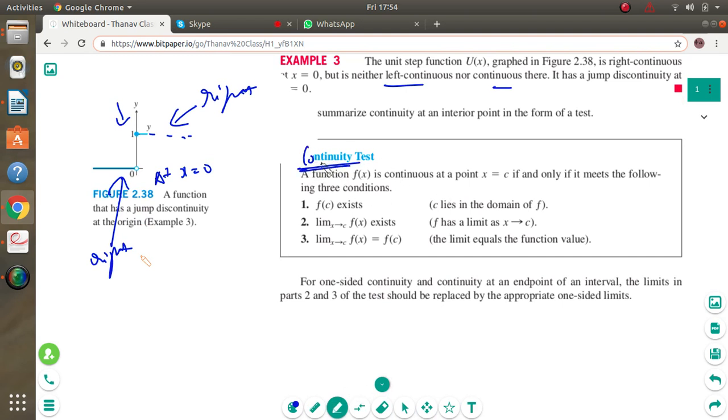Now here we have one continuity test basically. A function f(x) is continuous at a point x equal to c if and only if it meets the following three conditions.